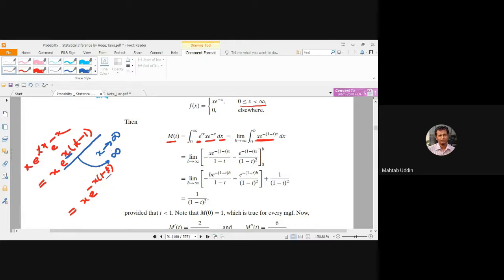But if I consider this, it must be positive. Otherwise, once again it will be disturbing because minus minus will once again be plus. So 1 minus t must be positive, so t must be less than 1. Now, as x tends to infinity, e to the power minus x tends to 0, converging. That's why this sign is taken, not this one.